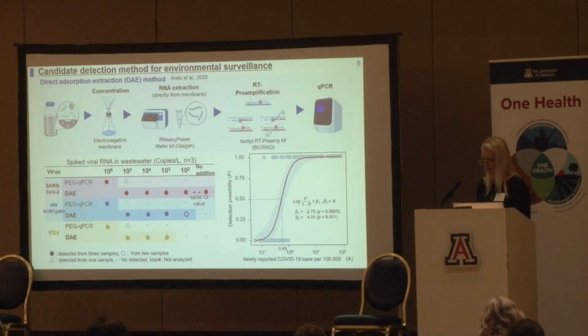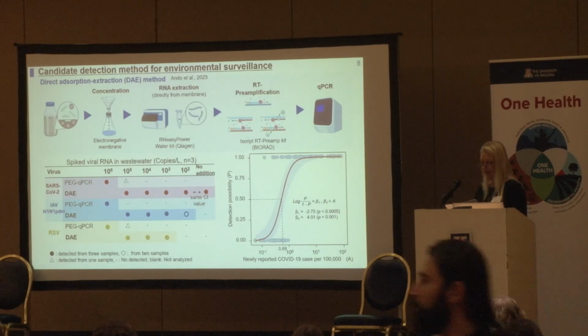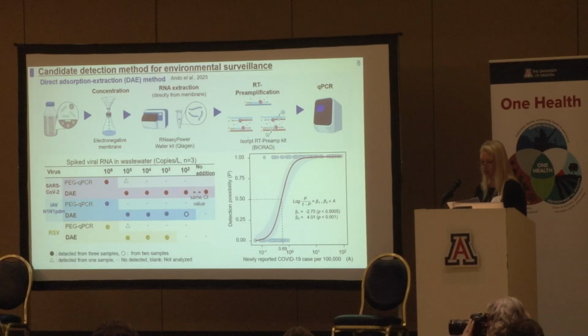Okay, so the first challenge in this approach is the selection or development of a highly sensitive viral detection method for IAV or any other virus in wastewater and environmental samples. Our research group has recently developed a highly sensitive detection method called the direct absorption extraction method, or DAE. This method consists of concentrating using electronegative membranes.